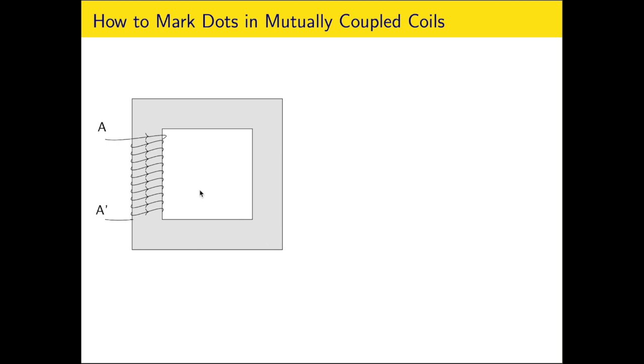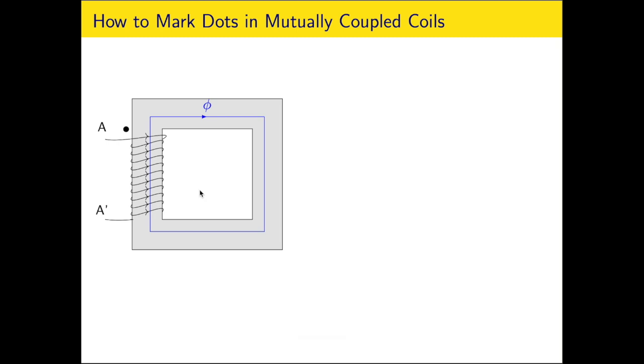So we can mark A as a dotted terminal. There is a choice that we can also mark A dash as a dotted terminal. Out of this we will be marking the dot at the terminal at which the current is entering. So A is marked as the dotted terminal here.